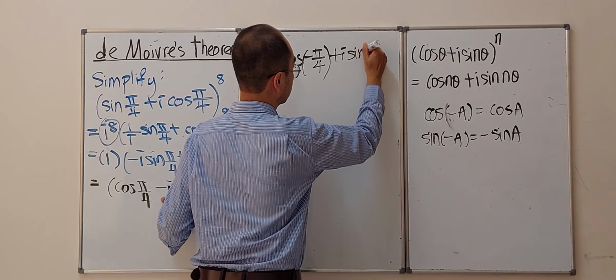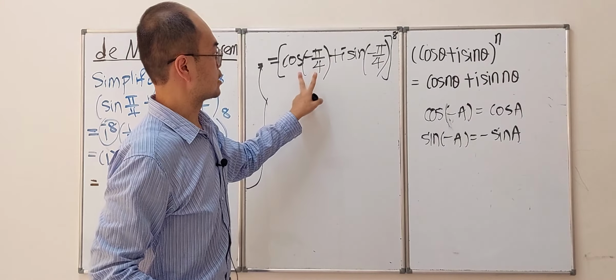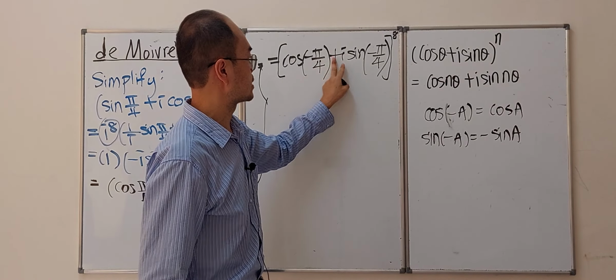So I can bring the negative inside the angle, okay? So then there is a power of 8 here. Now if you see, this is already in the form cos theta plus I sine theta. This will be your theta. So now the n will be 8.